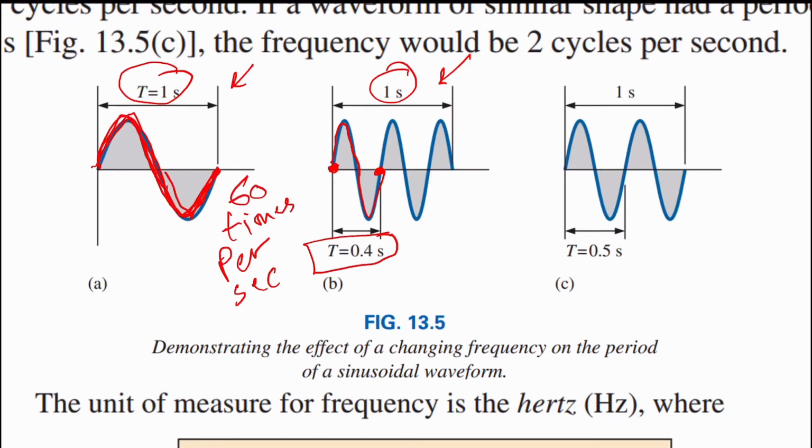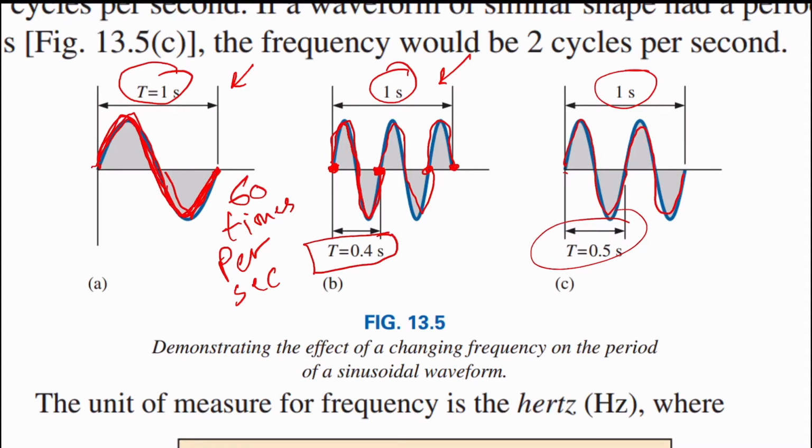How many cycles do I have here, guys? I have one cycle because I start from 0. This is 1. I have 2 cycles. This is number 2, and I have another half cycle. This is in 1 second. Here, if I also have 1 second, the time period is 0.5, so I have 2 cycles in 1 second.